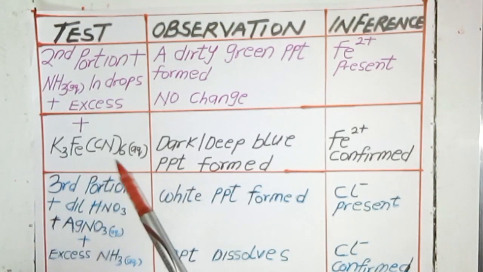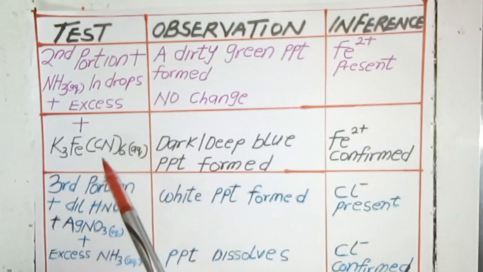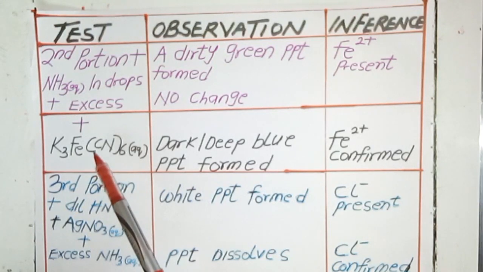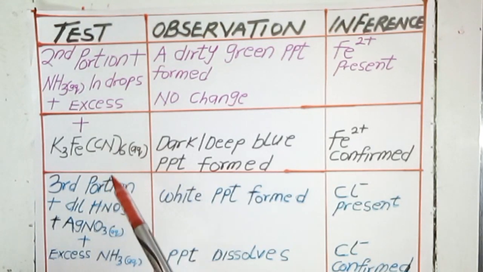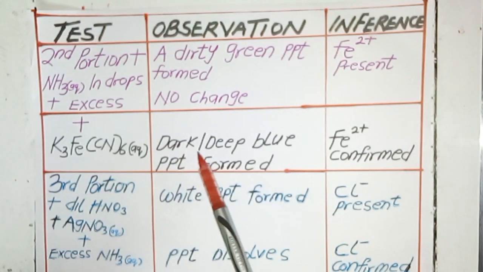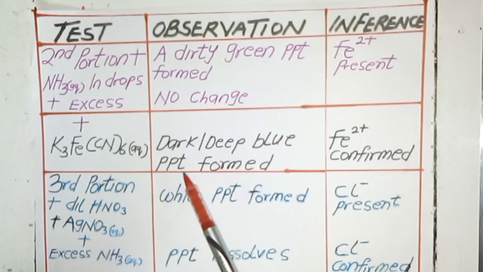When you add an aqueous solution of this complex compound, potassium hexacyanoferrate 3, it is going to react with the solution containing iron 2 to form a dark blue or a deep blue precipitate.